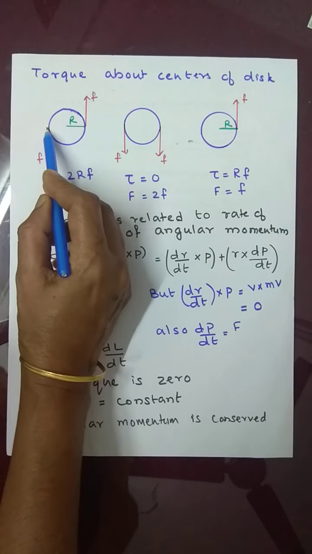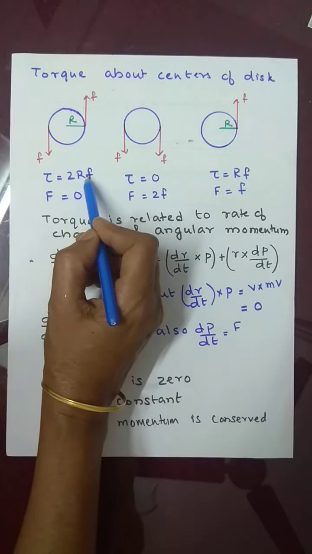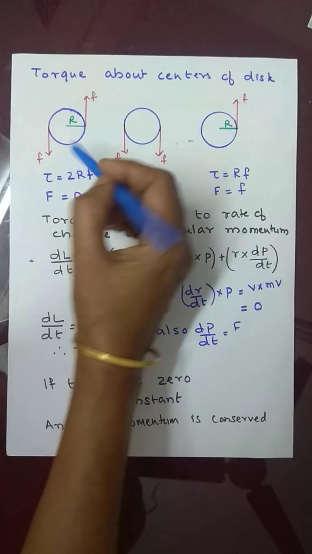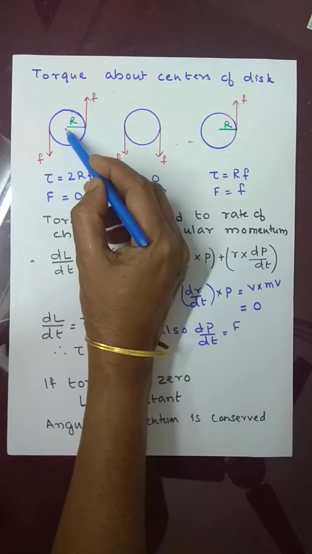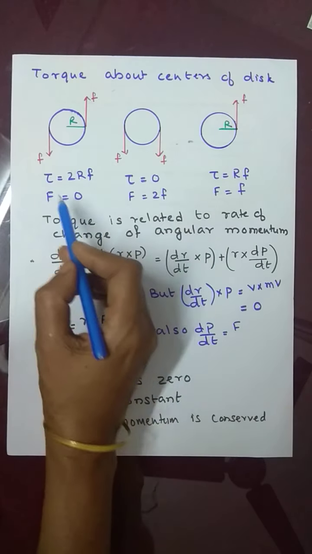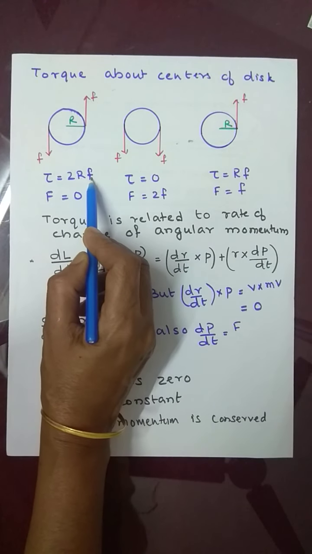This is r, so the distance between these two forces is 2r. So the torque will be 2r into F. Just look at the force acting on the center of the disc. Forces are equal and opposite. They will cancel off. So the total net force will be equal to 0, whereas torque will be 2rF.